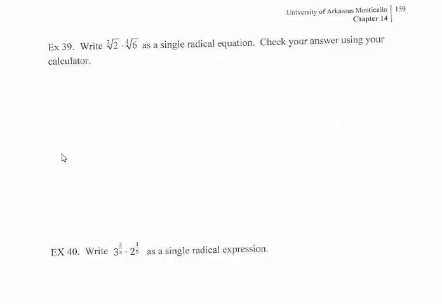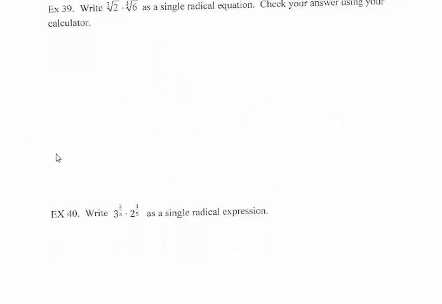Alright, moving down the page to our last example. We have 3 to the 2/3 and 2 to the 1/5. We can't combine these two expressions into a single exponential expression, but we can see that the indexes are just denominators that can be adjusted.